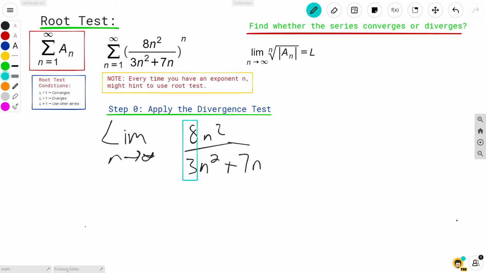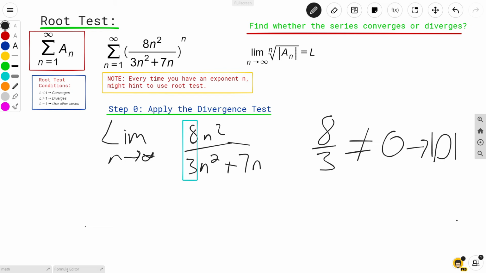And since 8/3 does not equal 0, then therefore it passes the divergence test. So I'll put divergence test is inconclusive. Something like that. Okay, great.